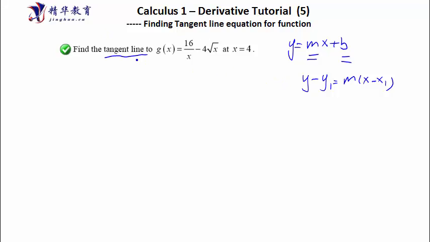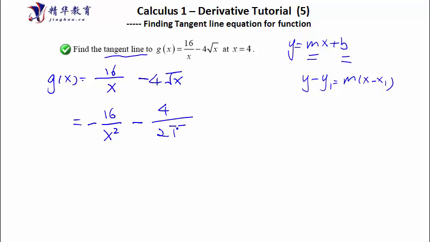So we are looking for the slope, and we have the function g(x) = 16/x - 4√x. So what is the derivative of this? g'(x) = -16/x² - 4/(2√x). If you don't know what I'm doing here and how I'm getting here, make sure you go back and check Part 3 and Part 4.